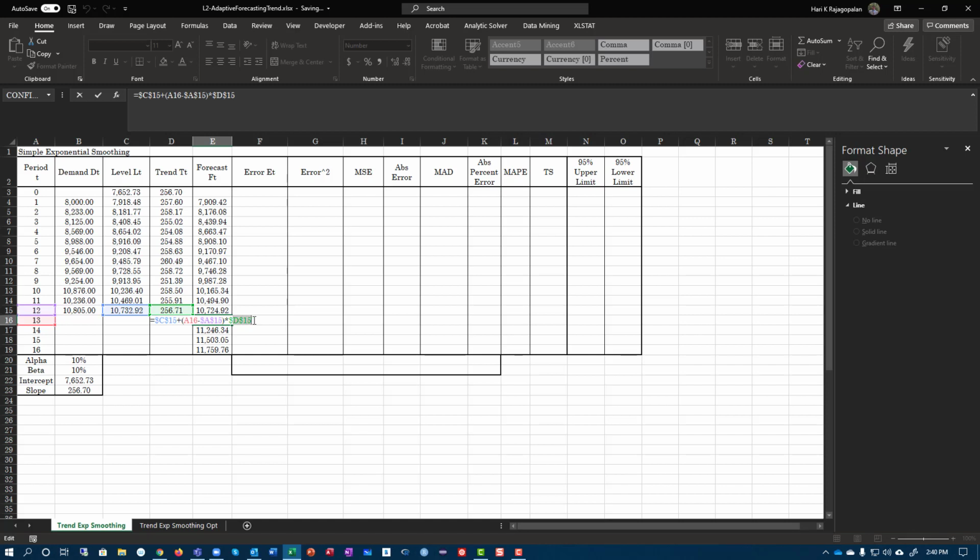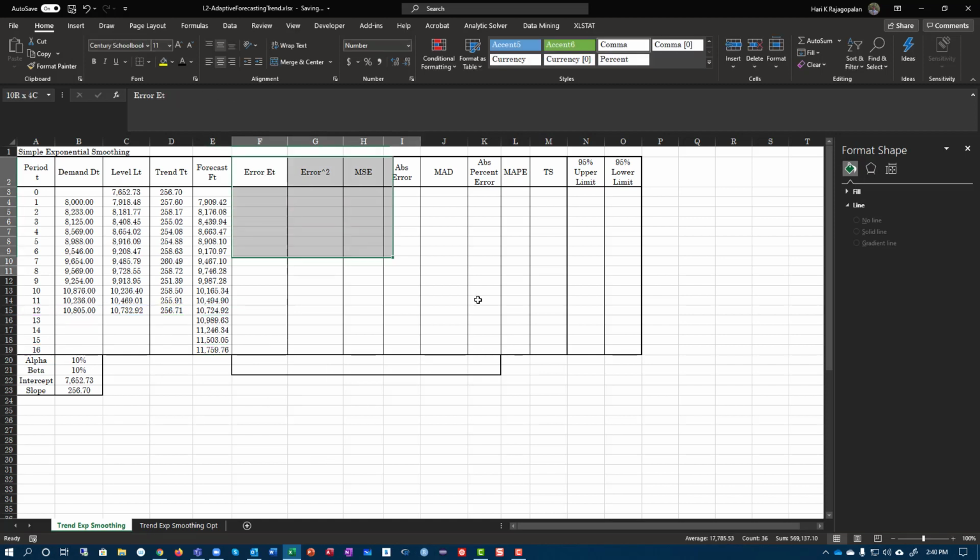And then we have put dollar signs on trend, so that trend doesn't change. As we copy down, C15, A15, and D15 will not change. But A16 would become A17, A18, A19, and that would multiply. 16 minus 12 would be 4 multiplied by the trend. That would give you the trend.